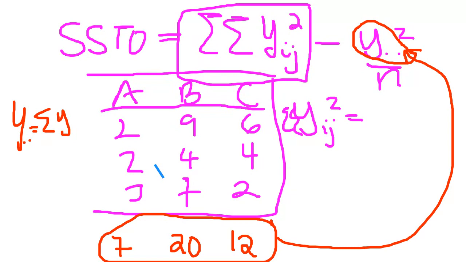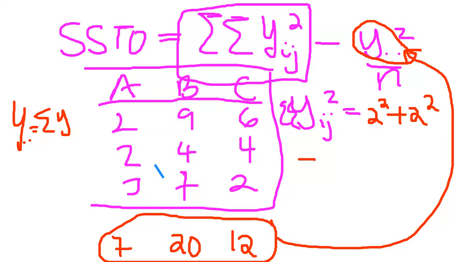But this one, the double summation of yij squared, is 2 squared plus 2 squared plus, can you see it, my sister? 3 squared. Yes, sir. Plus 9 squared plus 4 squared.